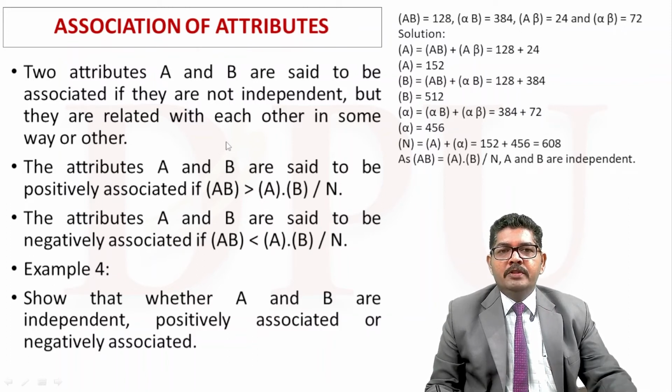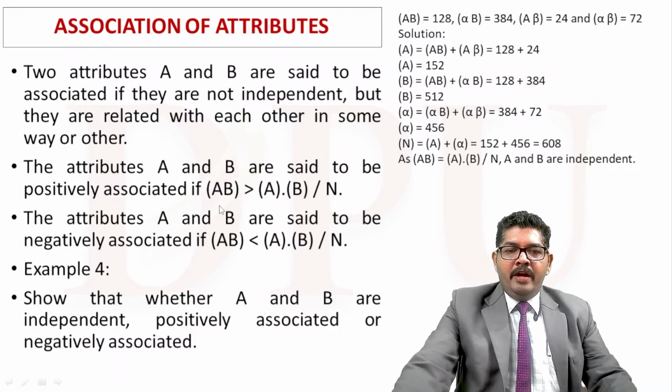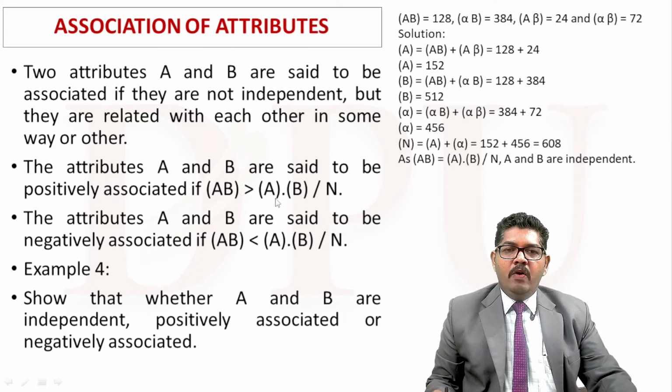Two attributes A and B are said to be associated if they are not independent, but they are related to each other in some way or the other. The attributes A and B are said to be positively associated if, on the left hand side we have the class frequency, the actual frequency, and on the right hand side we have the expected frequency, and the actual frequency is greater than the expected frequency.